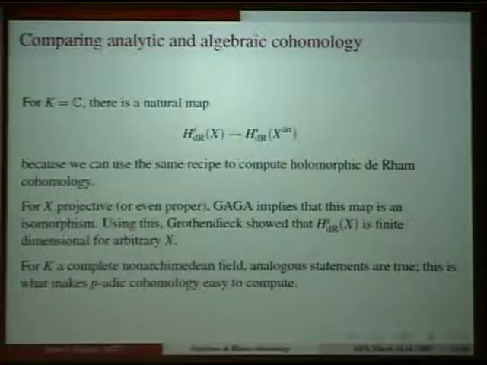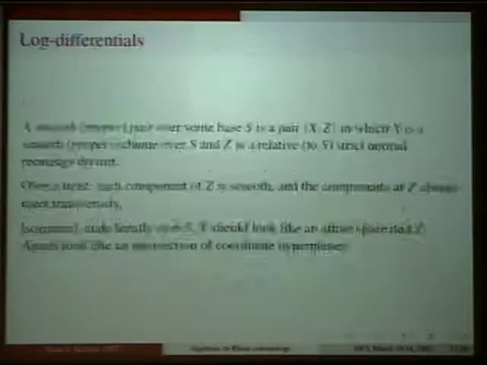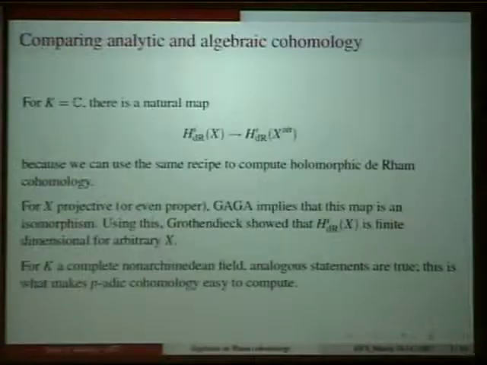GAGA also says that even if you had a coherent sheaf in the analytic category, it actually came from the algebraic category. But here, the de Rham complex already starts out being something nice and algebraic if X is algebraic, so I don't have to worry about that. So GAGA tells me that this map is an isomorphism. That's not the pointer. This is the pointer. This map is an isomorphism whenever X is proper.